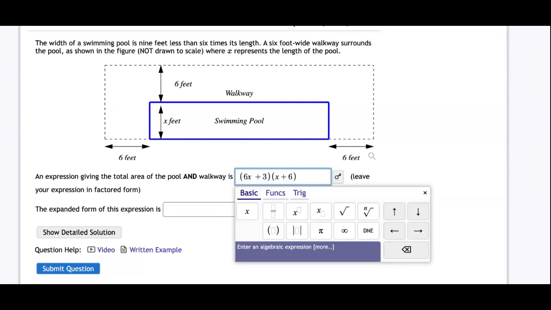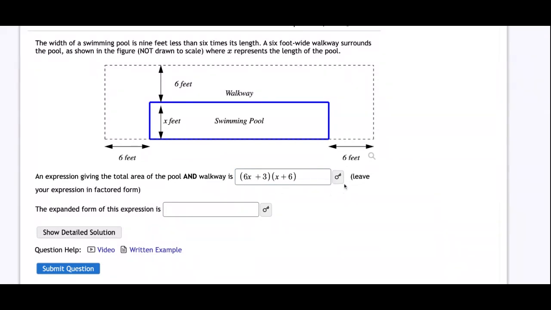So the swimming pool inside is a solid rectangle. Including the walkway is a dashed rectangle. So all we have to do is figure out the length and width. So the length is x plus 6. The width is 6x minus 9 plus 12, or negative 9 plus 12, which is plus 3. So that's it.